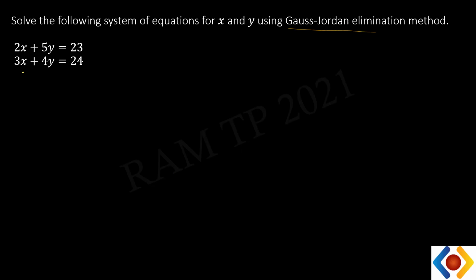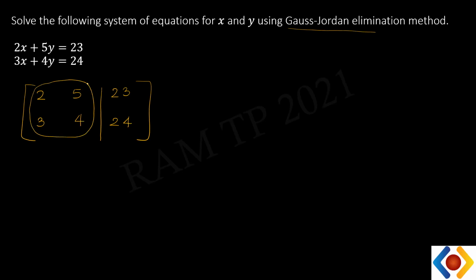I'm going to start with my original matrix. What is that? 2, 5, 23. I'm purposely drawing this line to show that this is our right hand side. Then we have 3, 4, and 24, right? We are only going to focus on this part.